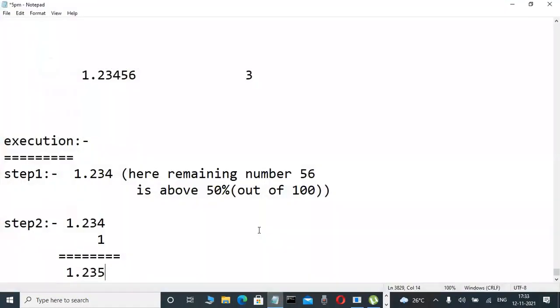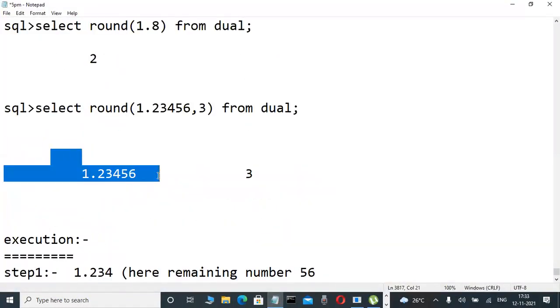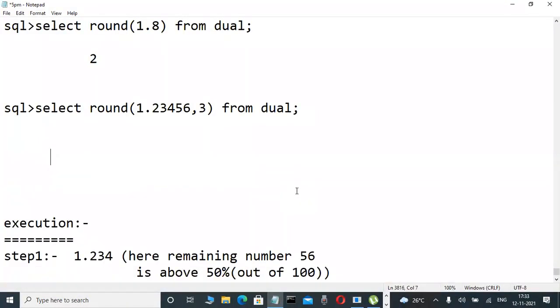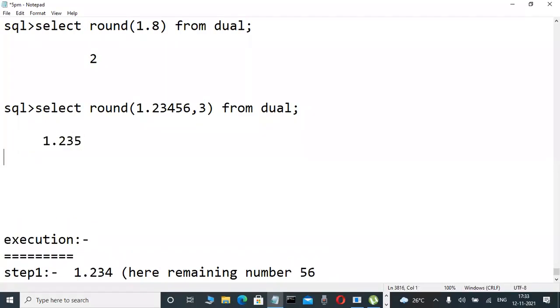First, write this example, 1.235. Then I will tell an important concept.